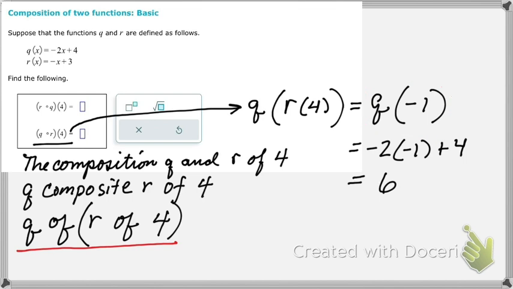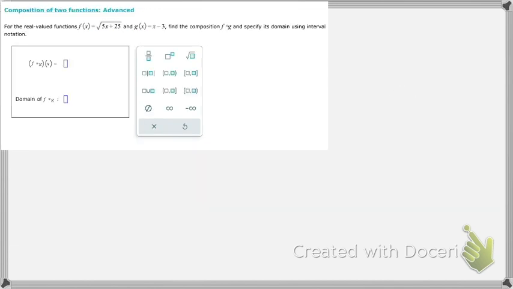All right, let's move on. So here I've got a function composition. I'm being asked for a function composition, and it's not numeric. The other one was numeric. This one is algebraic: f composition g of x, f of g of x. So let's do that, rewriting the way we did before.